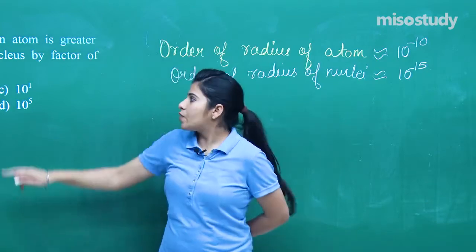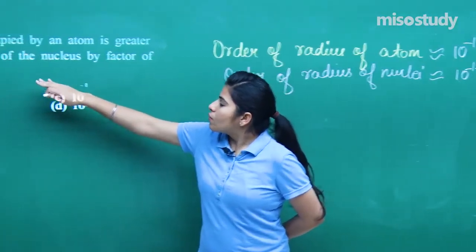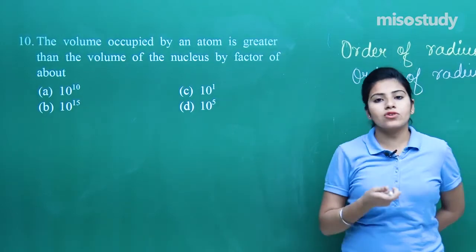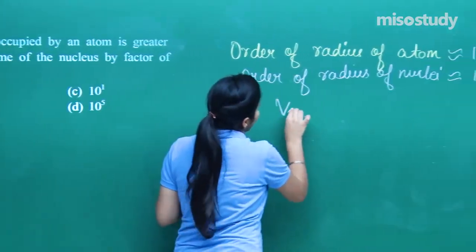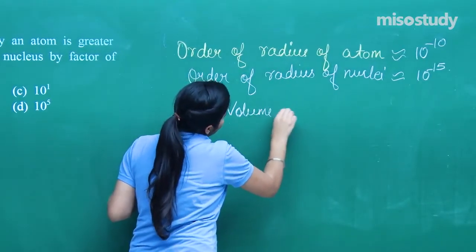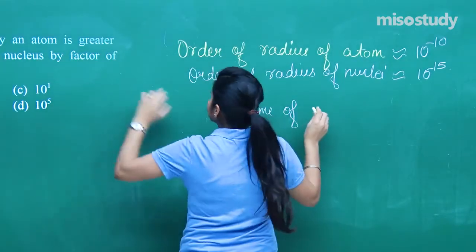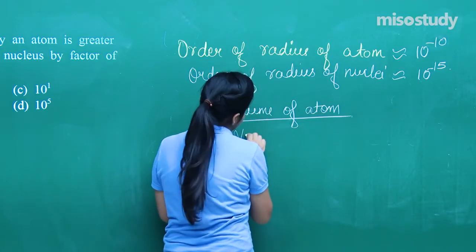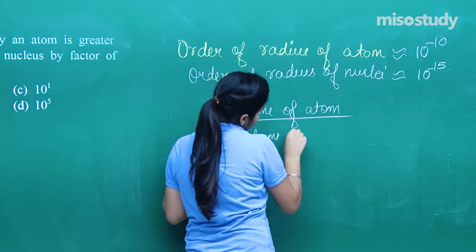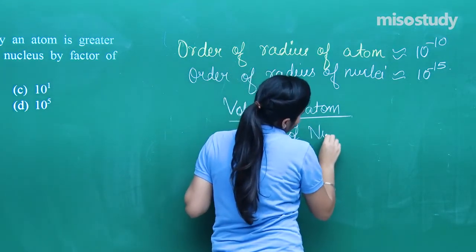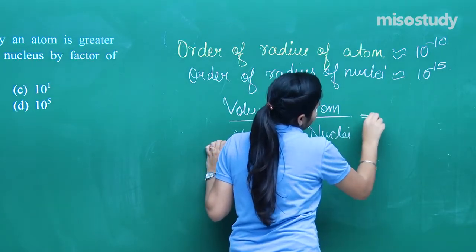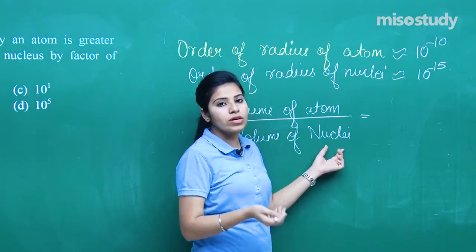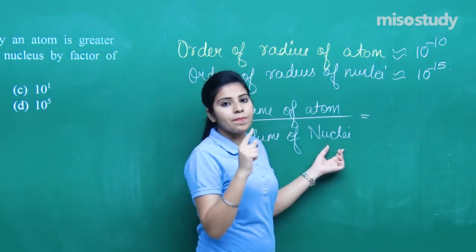Now because we have to find out how much greater the volume occupied by an atom is than the volume of the nucleus, we take the ratio of the volume of atom to the volume of nuclei. It will be 4 upon 3 pi r cube, because the formula for volume of atom and volume of nucleus is the same, 4 by 3 pi r cube.